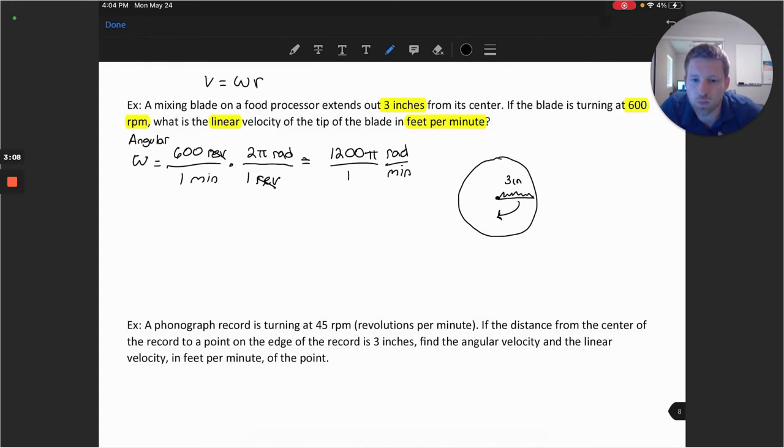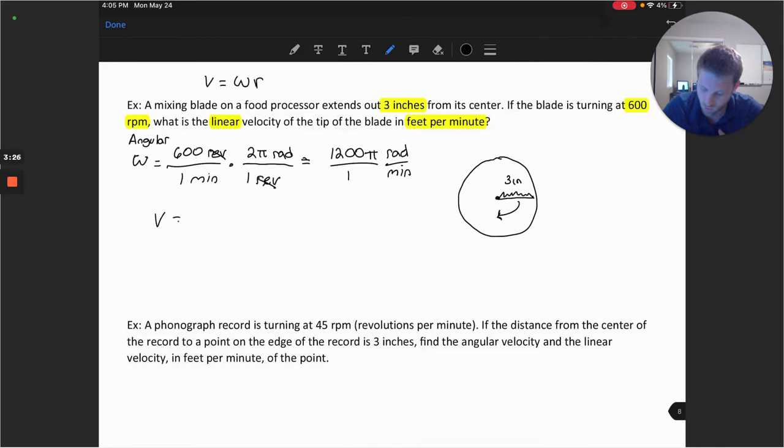So here we have our omega, and I know the radius of my blade, or at least the food processor in general, is 3 inches. So let's consider now representing our velocity.